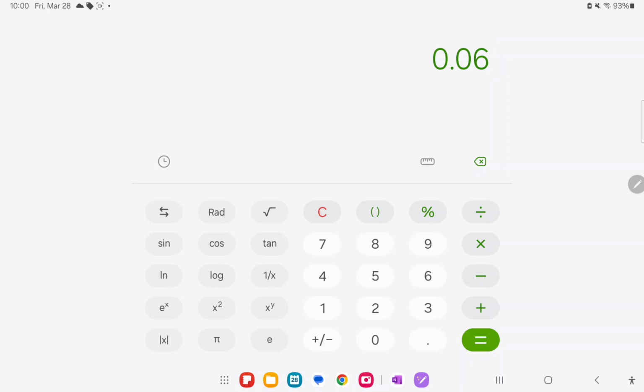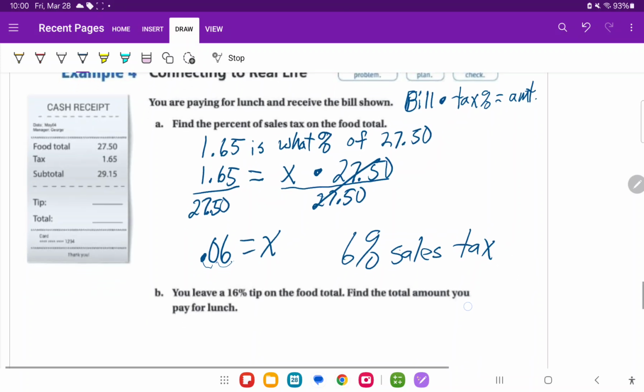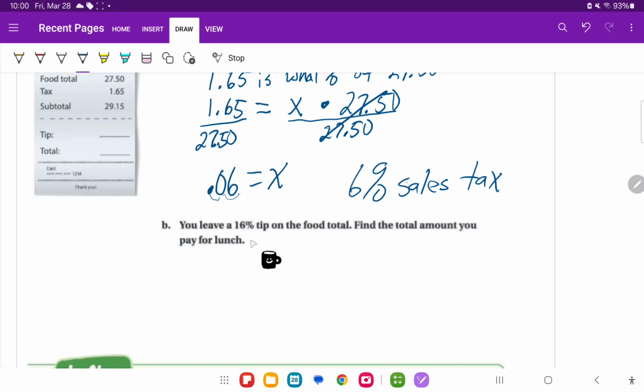So that's going to give us 0.06. So 0.06 is equal to X. So let's change that to a percent. Right, we go 1, 2. So that is 6% in our sales tax. 6% sales tax.